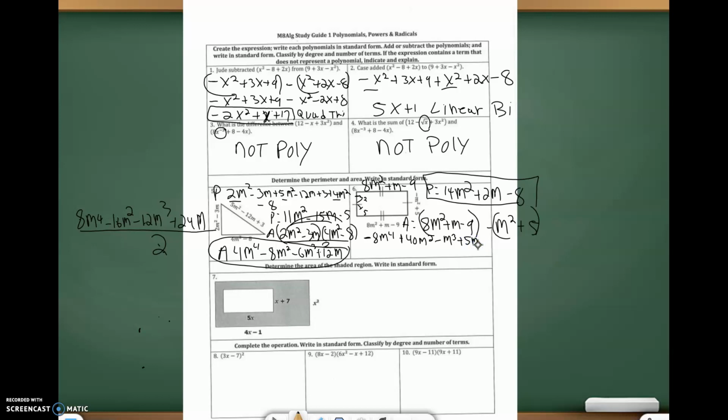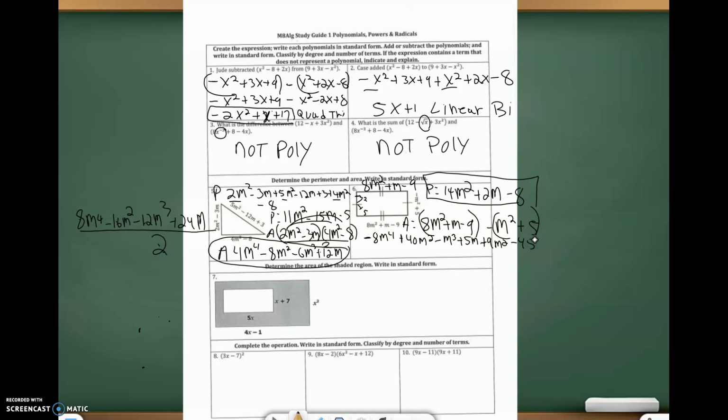Okay, that is a negative, positive, right? Negative times negative is positive 9m squared minus 45.